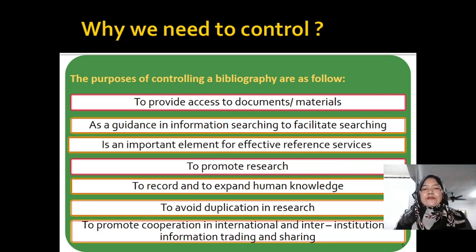The purposes of controlling a bibliography are as follows. The first one is to provide access to documents or materials, and also as a guide in information searching to facilitate searching. For instance, you do your research and you provide it accompanied by the references or the list of bibliography.